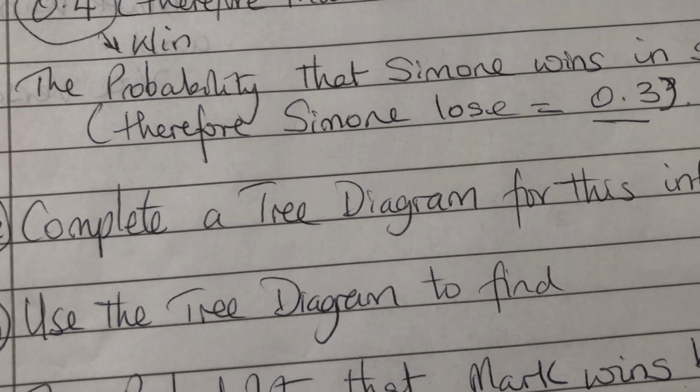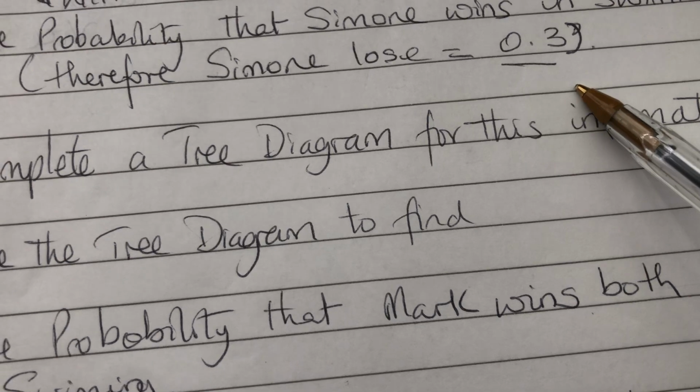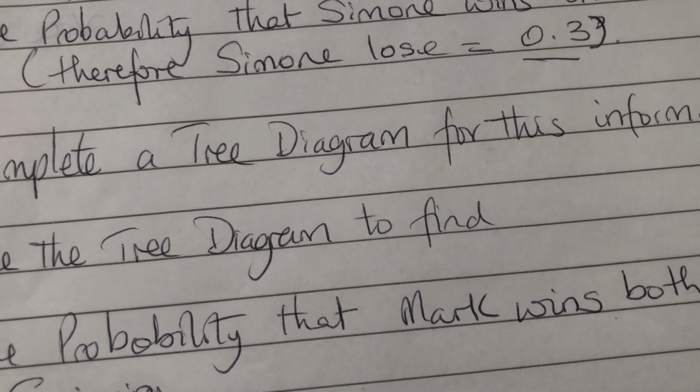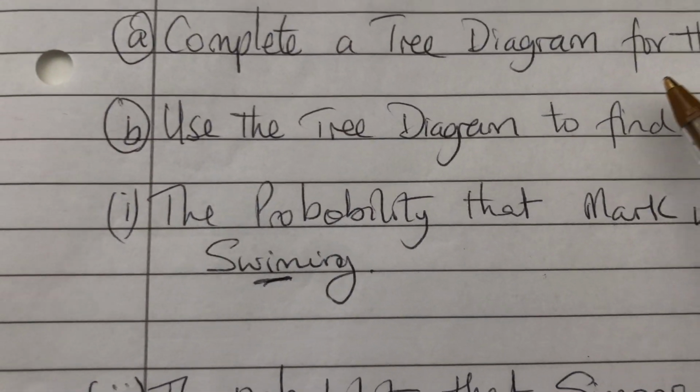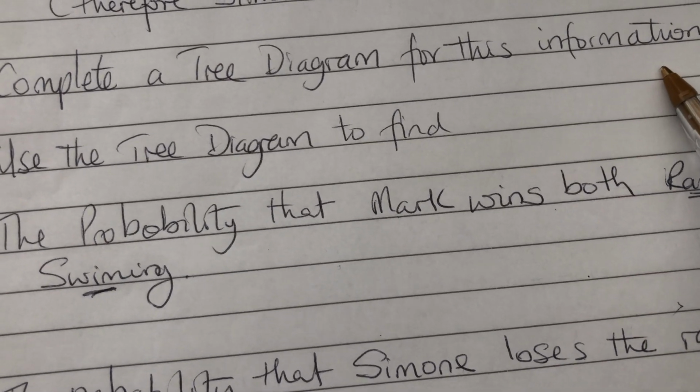So as you are reading the question, these are things you should be noting down, because you need it if you want to do a tree diagram. So the first is: complete a tree diagram for this information.